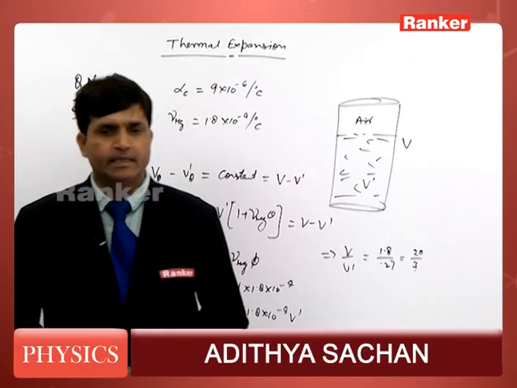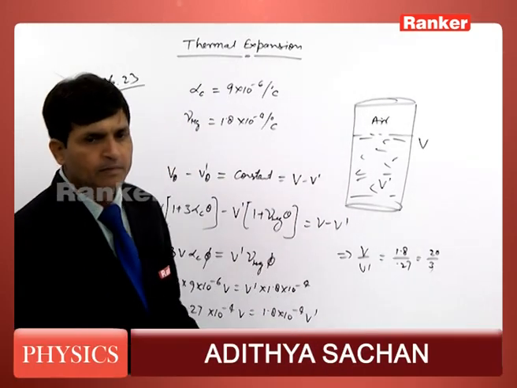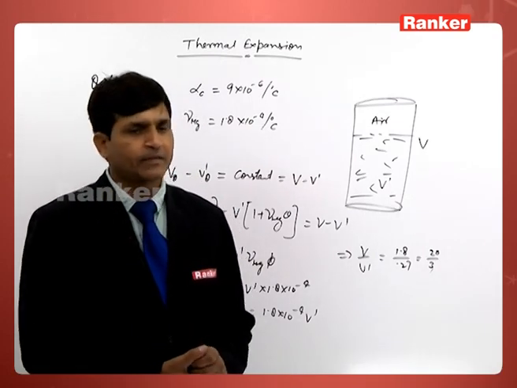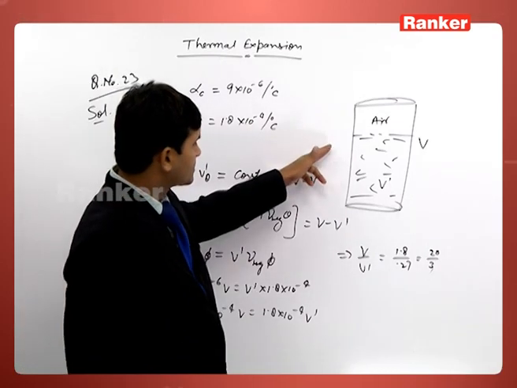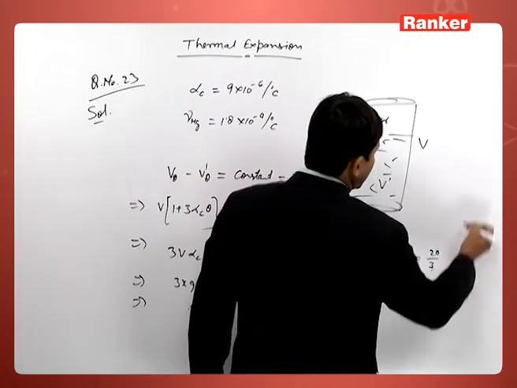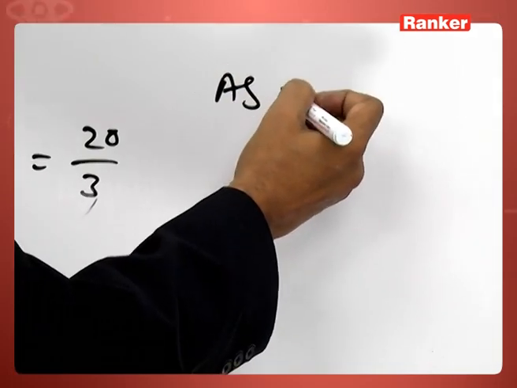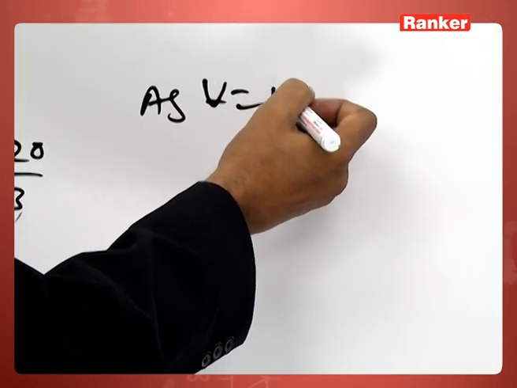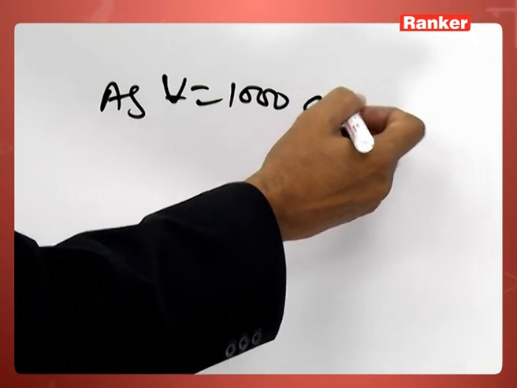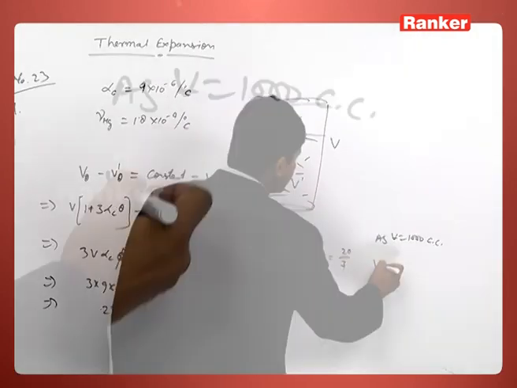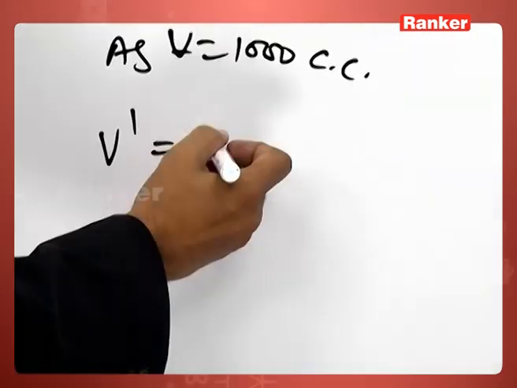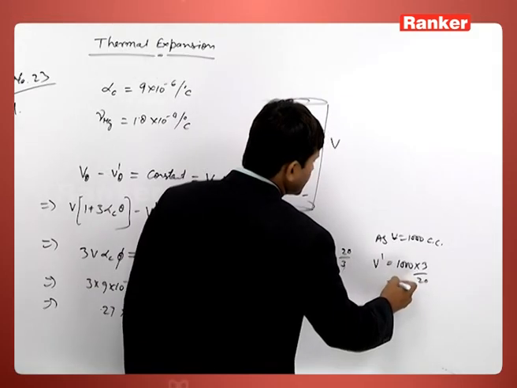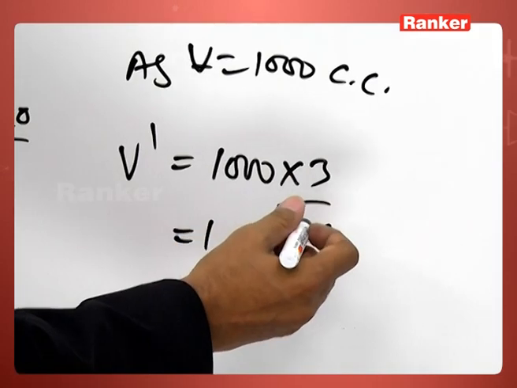So this is the ratio of the volume. Now it is given as a 1 liter glass flask, so the total volume V is 1 liter, which means 1000 cubic centimeter. So V dash is 1000 into 3 by 20, which is nothing but 150.